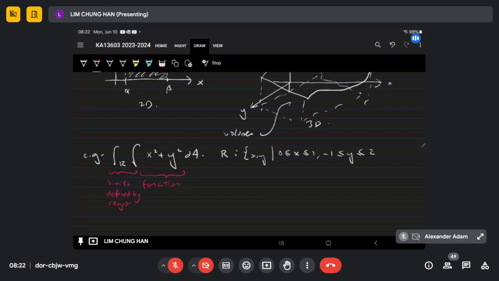On the right hand side is the function that you actually integrate. On the left hand side are the limits defined by the region. For that region, you refer to this, so this gives you the actual limits.